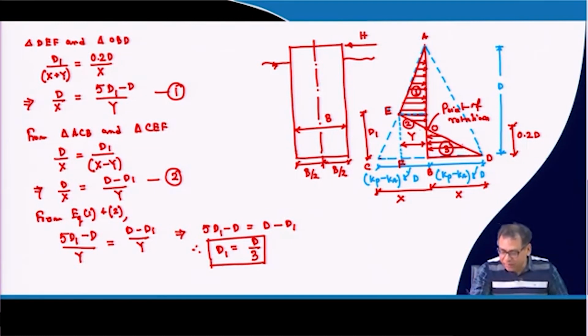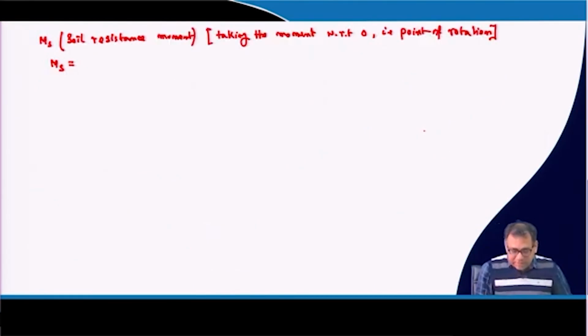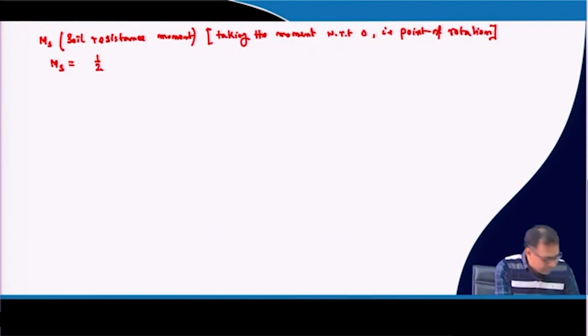Okay. Now, I will take the moment for this soil resistance with respect to O. For triangle 1 the force will be half.